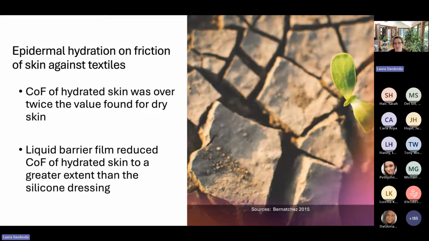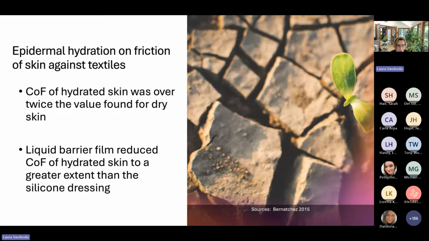This was another study by, I'm sorry, Bernatchez. I'm not sure if I'm saying that correctly. But this was on epidermal hydration on friction of skin against textiles, and the coefficient of friction of hydrated skin was over twice the value found for dry skin.